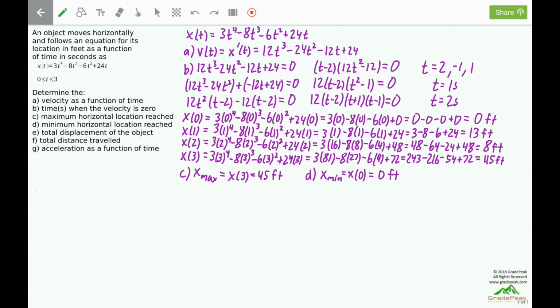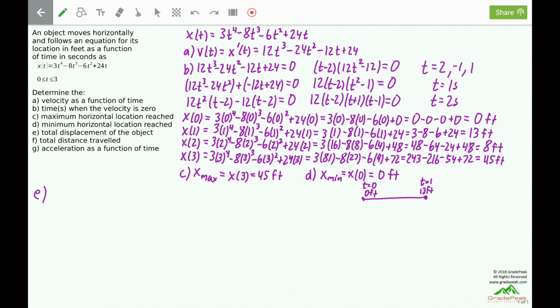Part E, we want to find the total displacement of the object. What the object is doing here is it's starting at time equals 0, and it will be at 0 feet. And then it's moving, and at time equals 1, it is now at 13 feet.